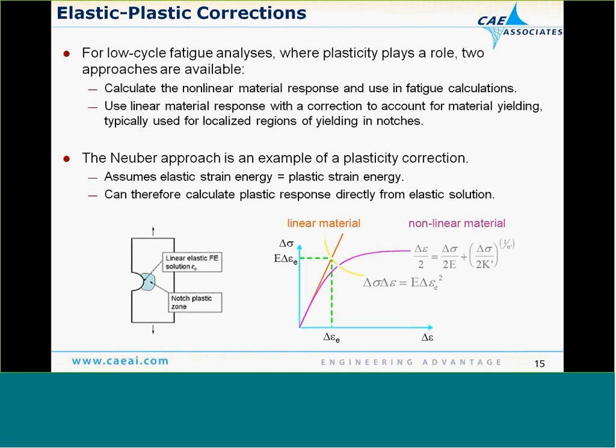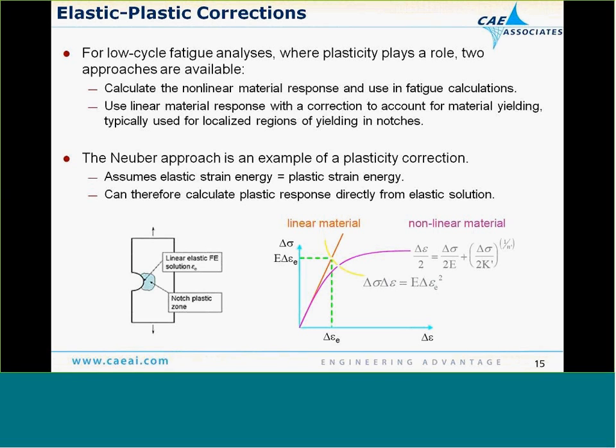But another approach is that you use a linear response. You don't include the plasticity in the finite element analysis, but when you feed it to nCode, nCode can use what's called an elastic plastic correction in these locations. An example is the Neuber approach. The Neuber approach assumes that the elastic strain energy near that notch is equal to the plastic strain energy.